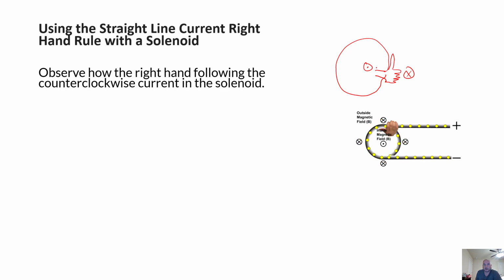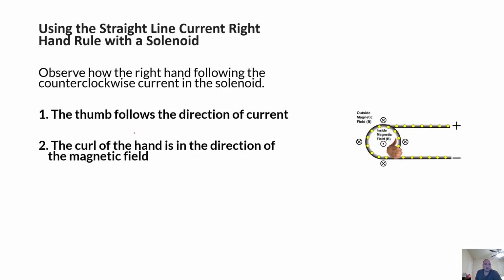On this side, the curl of your hand would be going towards you. So the thumb follows the direction of current. The curl of the hand is in the direction of the magnetic field, and your fingers are facing downwards on the outside of this ring, facing towards you on the inside of this ring.